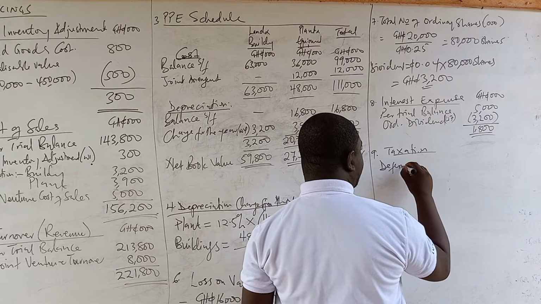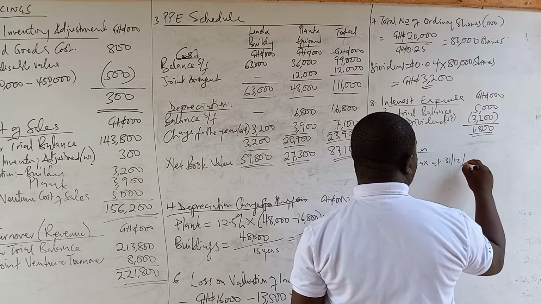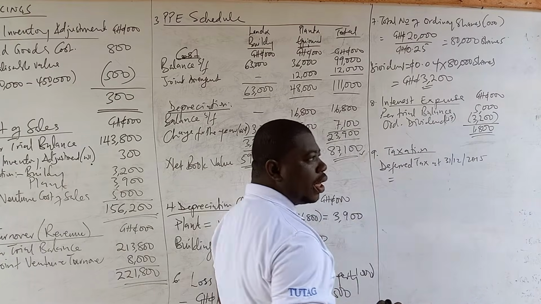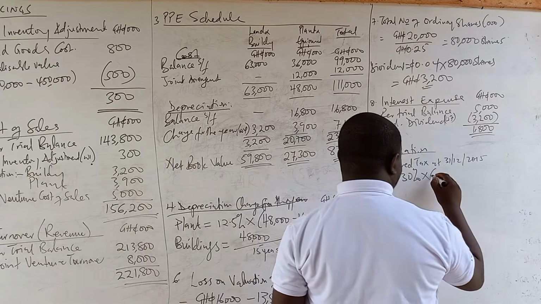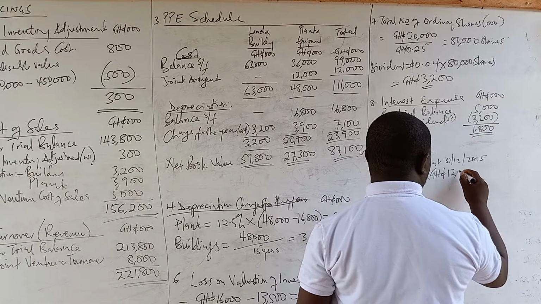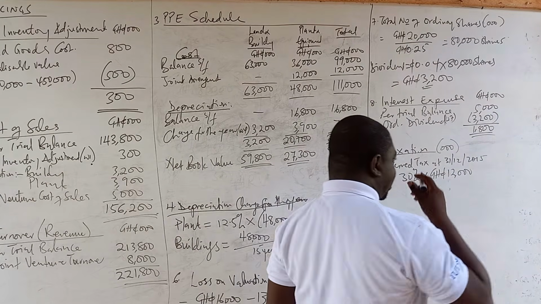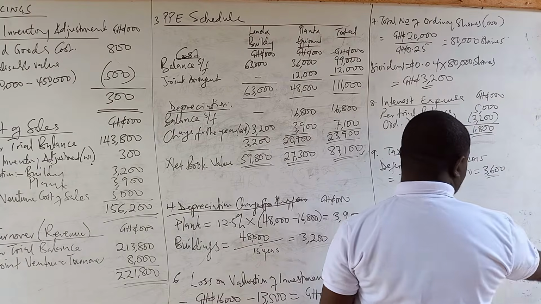So deferred tax provision at 31st December 2015 will be 30% of the temporary difference of 12 million. With 3 zeros up, 30% of 12,000 is going to give us 3,600.